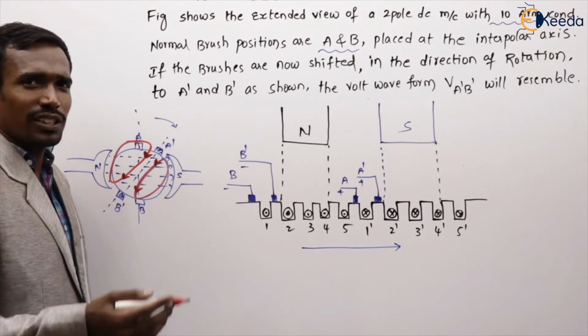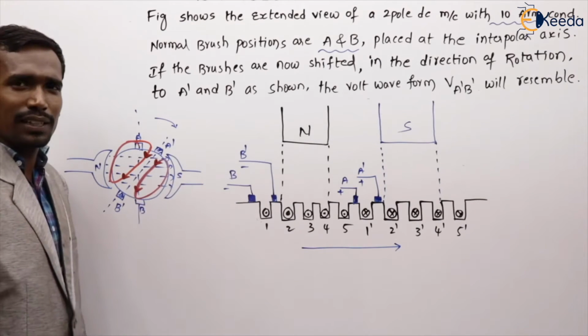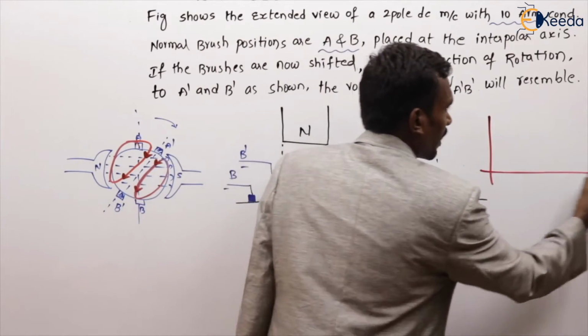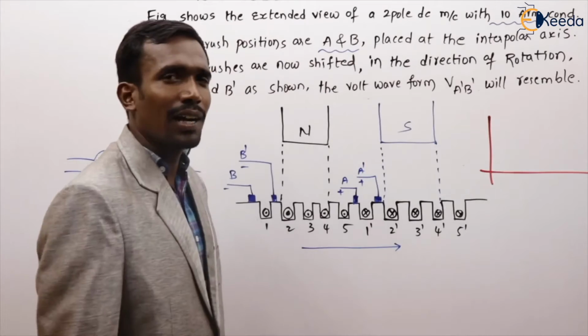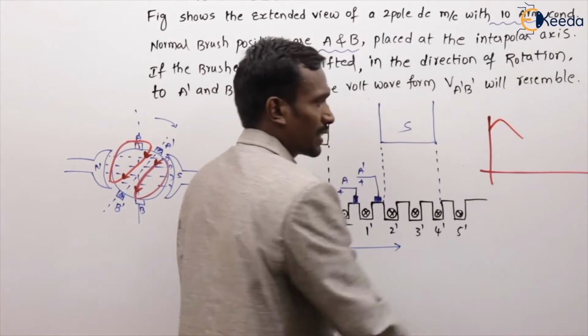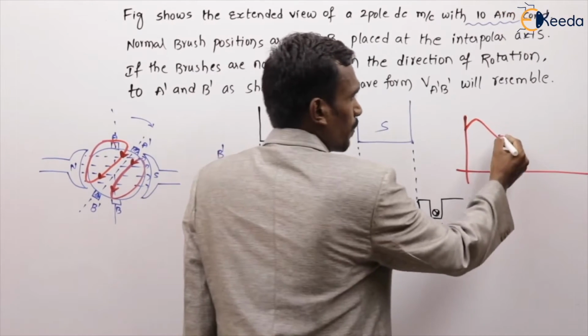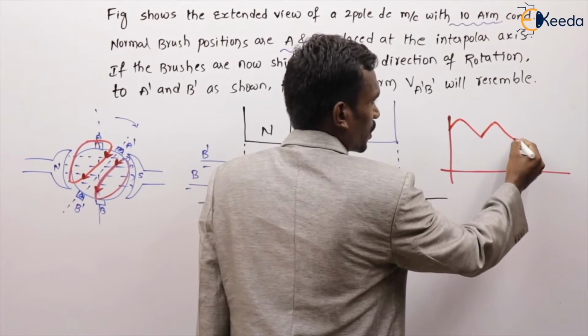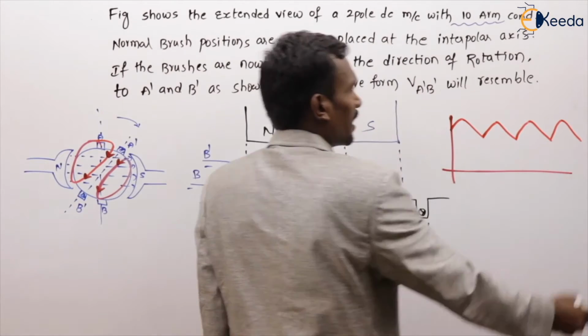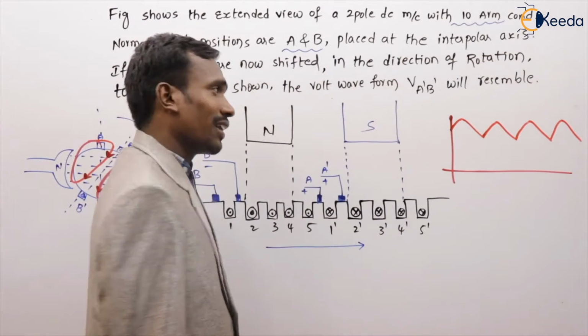Due to this magnetization and demagnetization, the waveform induced in the armature conductor will be like this.